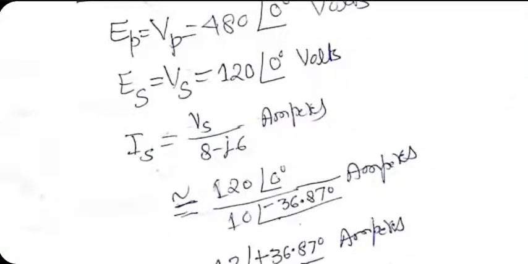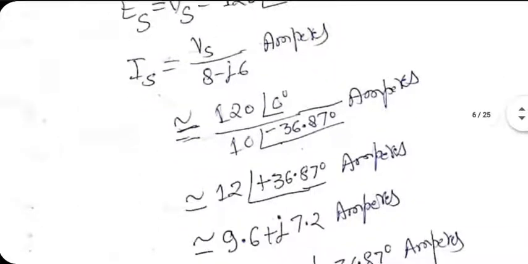So it would become 10 ohm with an angle of minus 36.87 degrees approximately. So the answer for IS is now 12 ampere with a phase shift of plus 36.87 degree amperes. You can convert it back into rectangular form. You get 9.6 plus J 7.2 amperes approximately.